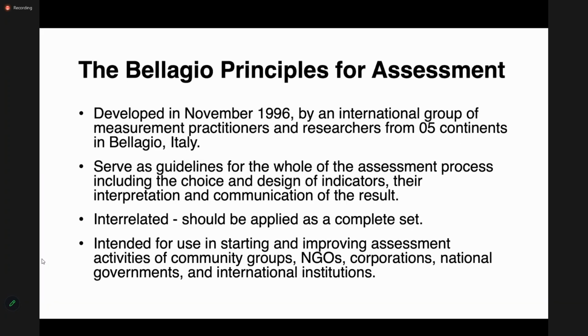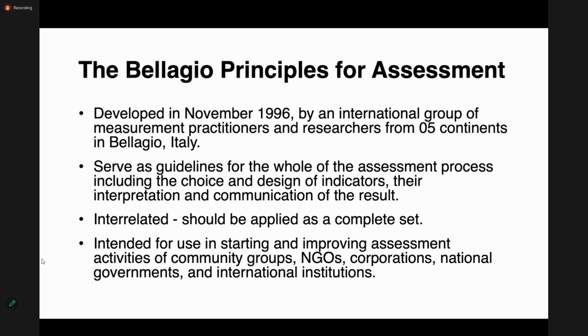So when it comes to sustainability assessment in particular, back in November 1996, an international group of measurement practitioners and researchers from 5 different continents met in the city of Bellagio in Italy and developed a set of principles that can serve as guidelines for the assessment process.